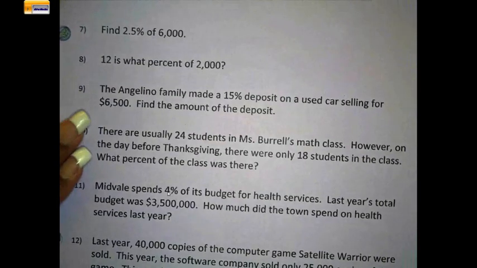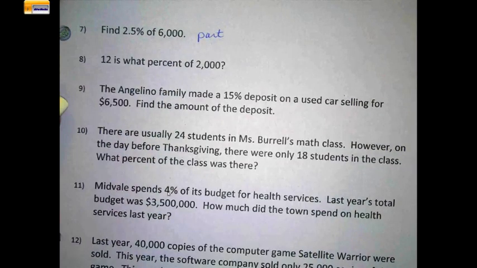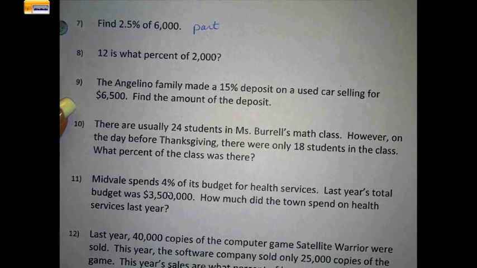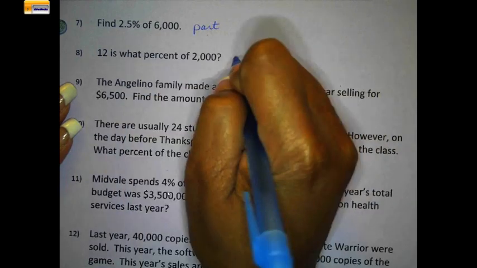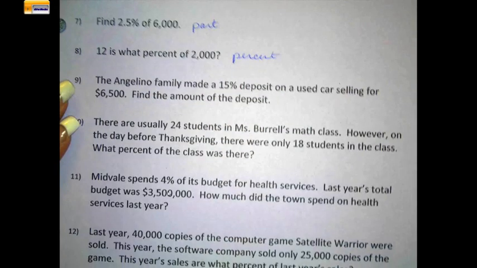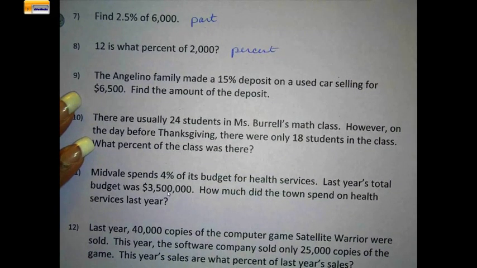Number 7, find 2.5% of 6,000. So we're not solving any of these? Not yet. That doesn't mean you won't have any to solve. Okay, number 8. 12 is what percent of 2,000? Percent is missing. Number 9, the Angelo family made a 15% deposit on a used car selling for $6,500.